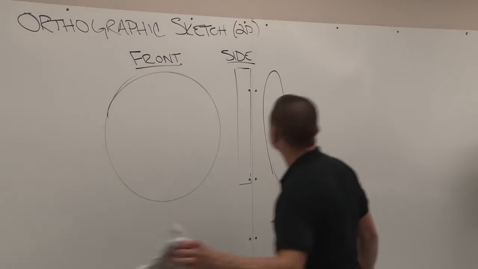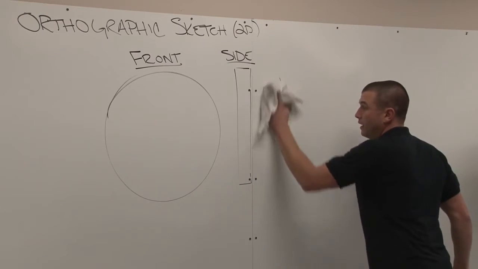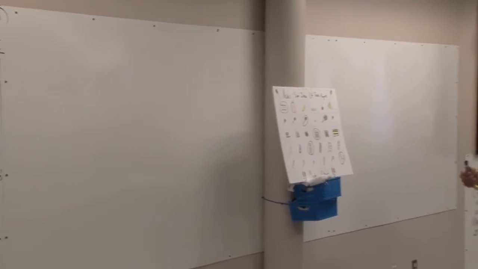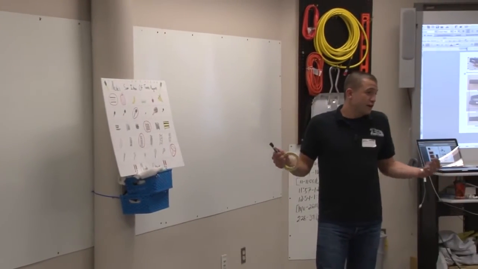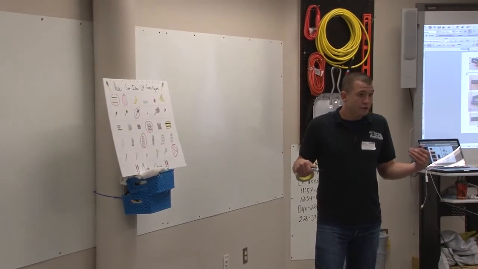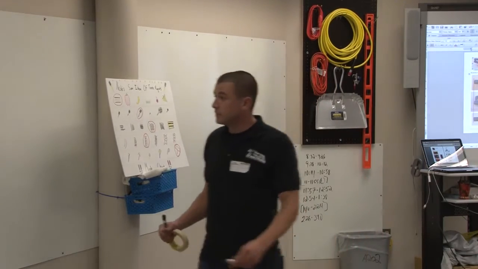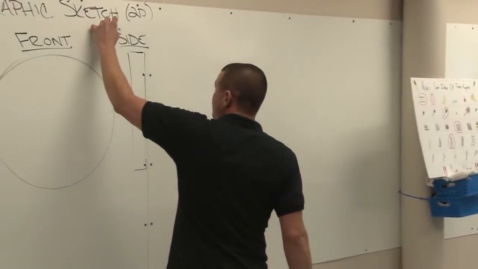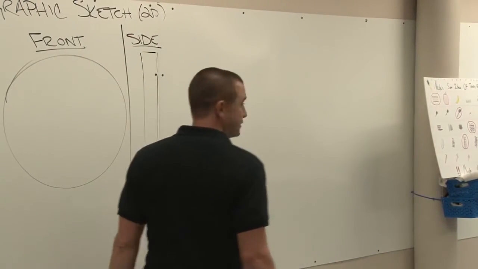And I'll erase this one view I don't need. Front and side. I really couldn't have another view. I guess besides front, I could do the back side, right? There could be 3 sides to this object. And what I'd like you to do is put a line between the two of them. So we separate the two views.